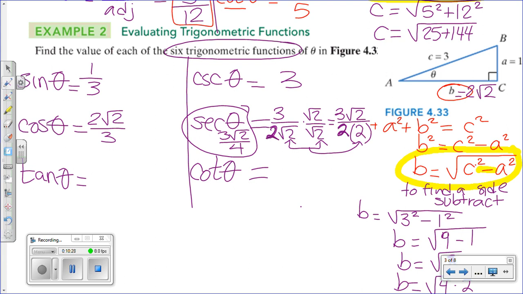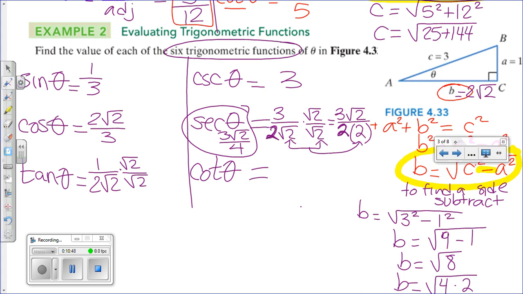For tangent, we have opposite over adjacent. We rationalize, but only multiply by the square root of 2. Now, my math lab is very picky about this simplification. So if you were to use the square root of 8 for b, it will probably count it wrong.